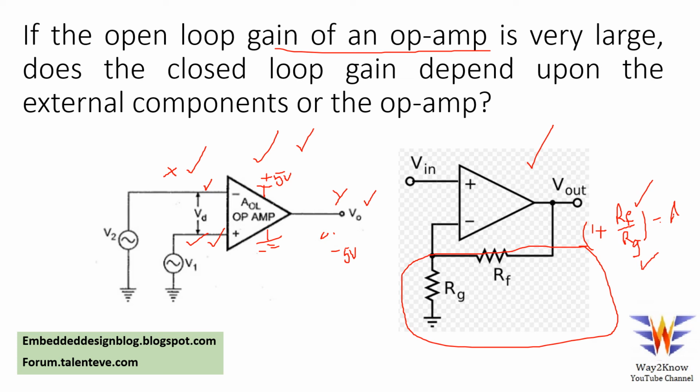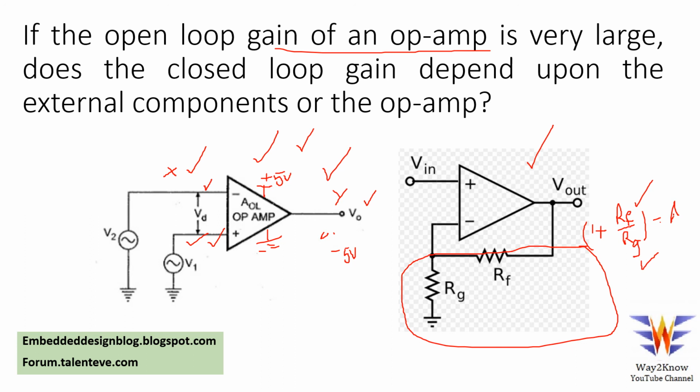So now this is the background. When you want to use an op amp in a linear region, you provide the feedback and then control the output with respect to the given input. So going back to the question, if the open loop gain of an op amp is very large, that's what we saw here, does the closed loop gain depend upon the external components or the op amp?